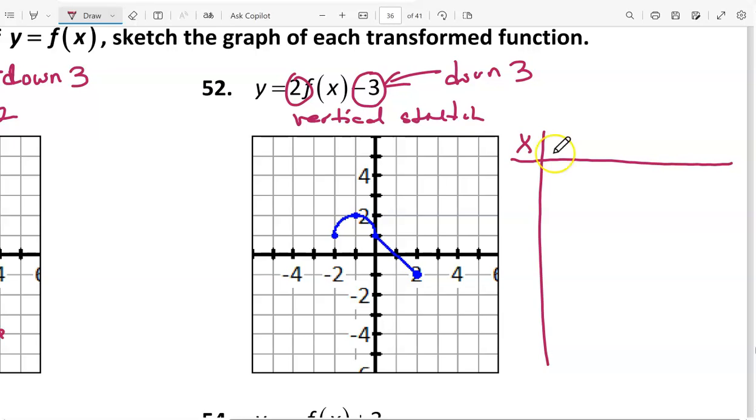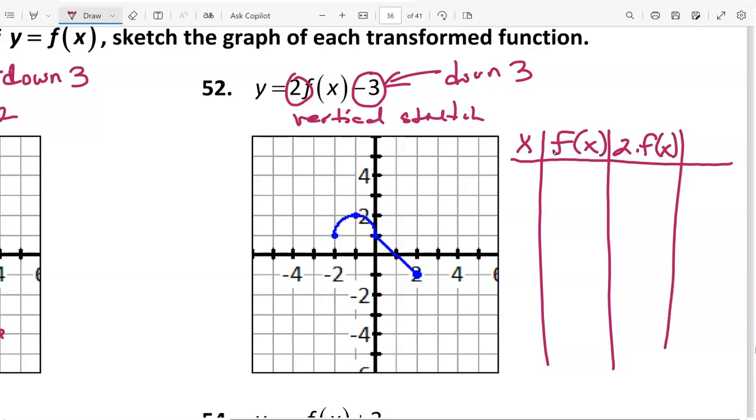In order of operations, we have an input x, and then have to take the f of that x, and then 2 times that value, and then finally 2 times that value minus 3, because multiplication has to happen before subtraction does.